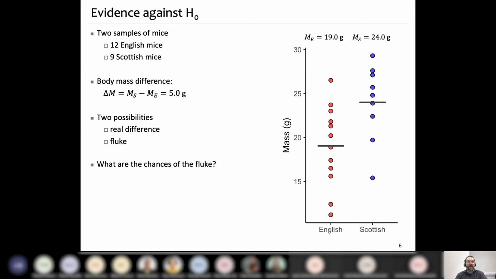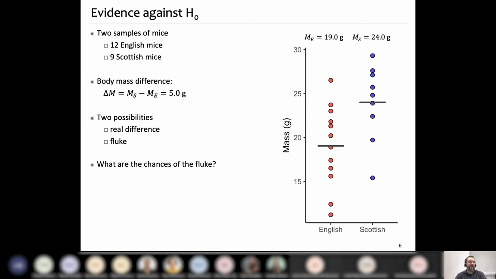How do we look for evidence against our null hypothesis? Well, we do an experiment as usual, and we collect data. Imagine that you have two samples of mice, 12 English mice and 9 Scottish mice. Yes, there are no Scottish or English mice, really.